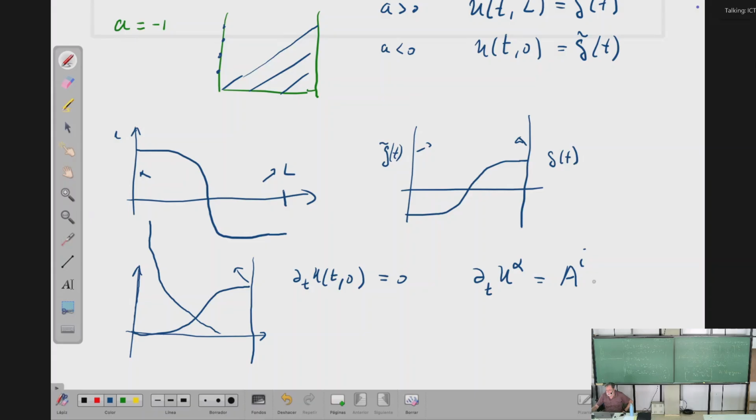So I have to look at this equation. My equation is something like that, and I have to look at the eigenvalues of this at the boundary.